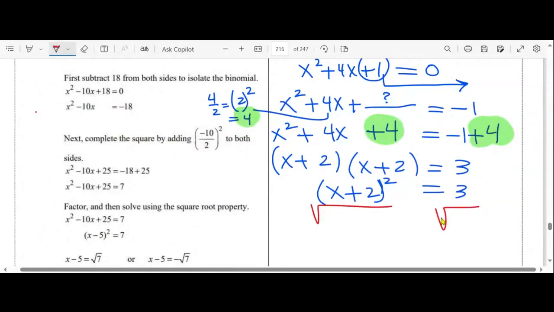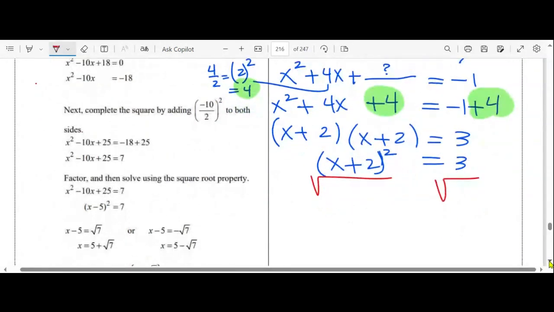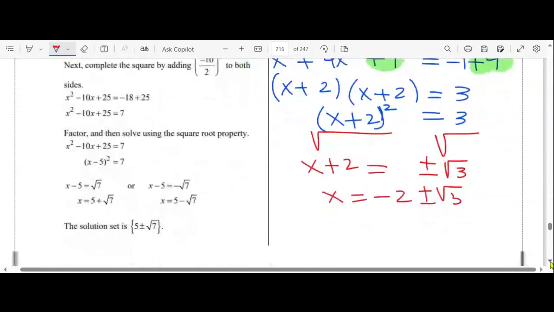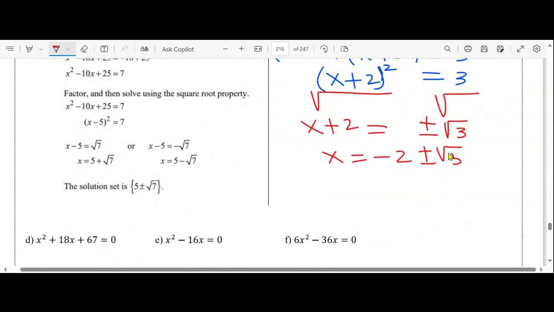How can I find x? Take the square root of both sides, correct? So it's going to be plus or minus the square root of 3, equal to x plus 2. So x equals minus 2 plus or minus square root of 3. How many solutions do you have? 2 solutions. Is this clear or not clear?